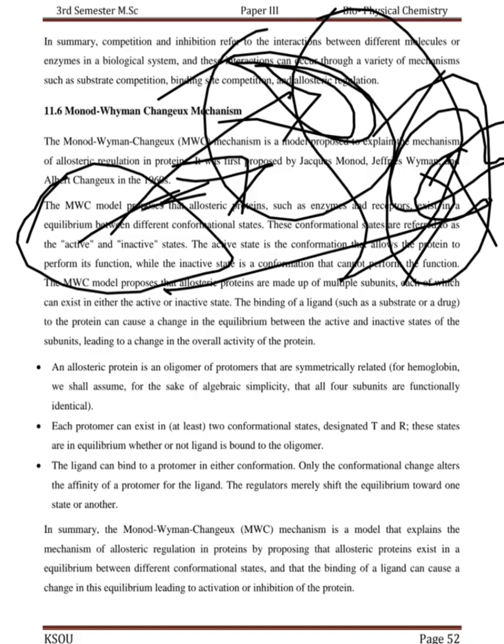In this model, the allosteric proteins are made up of multiple subunits, each of which can exist in either active or inactive state. So the binding of ligands or drug molecules to the protein can change the equilibrium between the active and inactive states of the subunits, leading to a change in the overall activity of the protein.